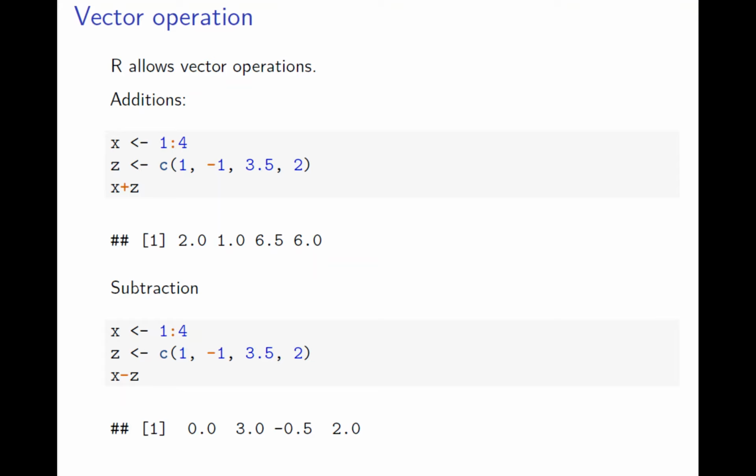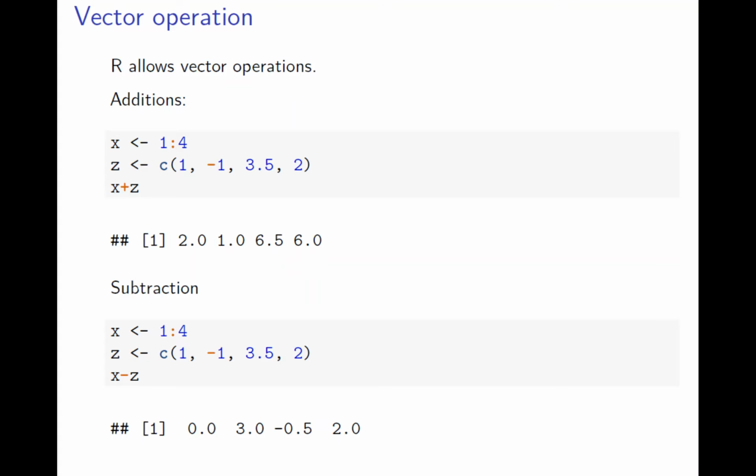If you want to add them up, then you add element by element. So x is 1, 2, 3, 4, and 1 plus 1 is 2, 2 plus -1 is 1, 3 plus 3.5 is 6.5, 4 plus 2 is 6. That's how you get the result. Subtraction is the same; it's element by element subtraction.